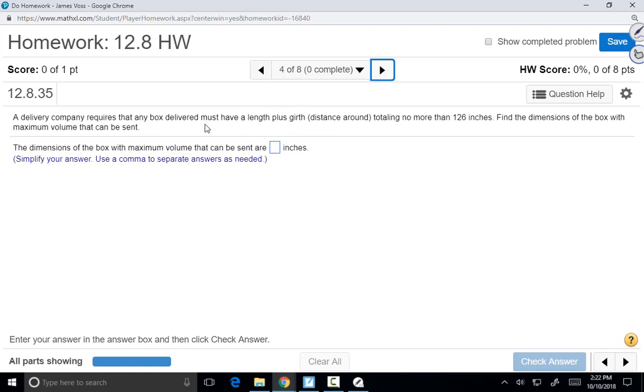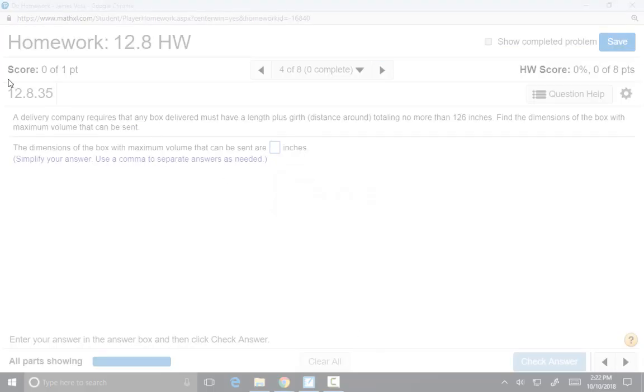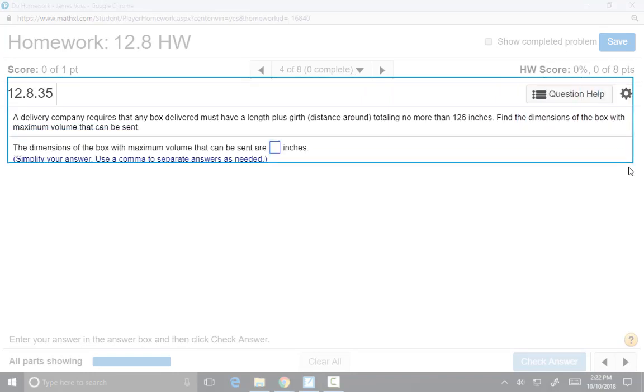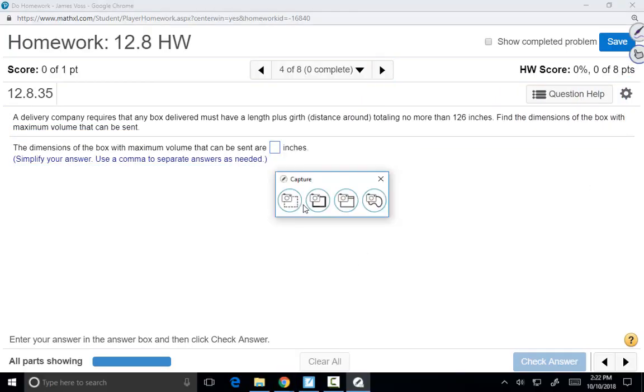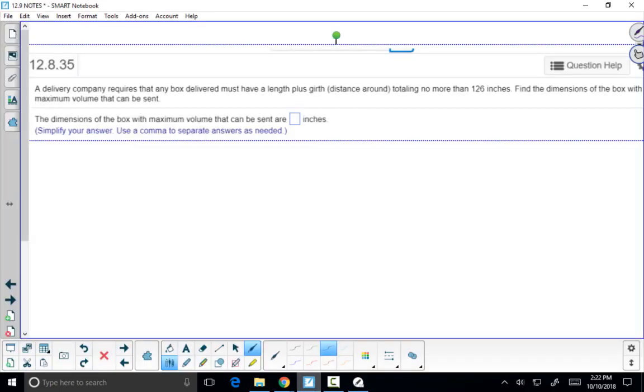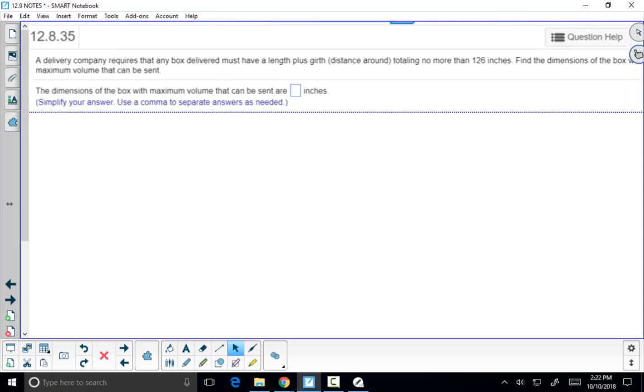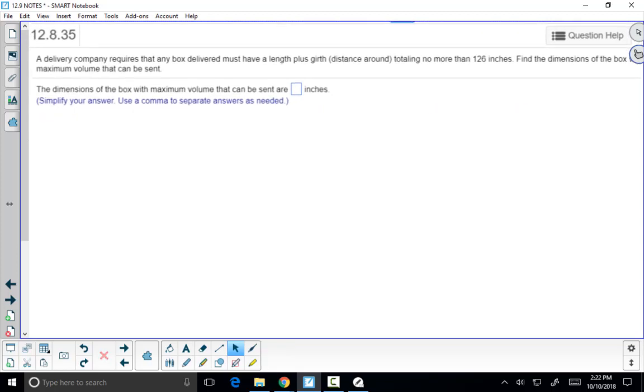All right, this says that we've got a box, blah, blah, blah. So this one, we have a formula here.